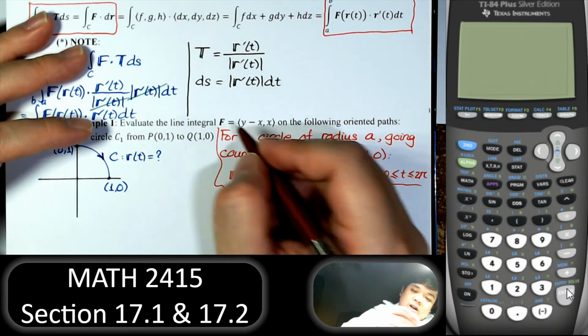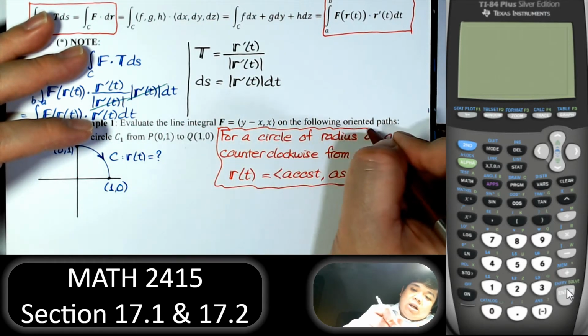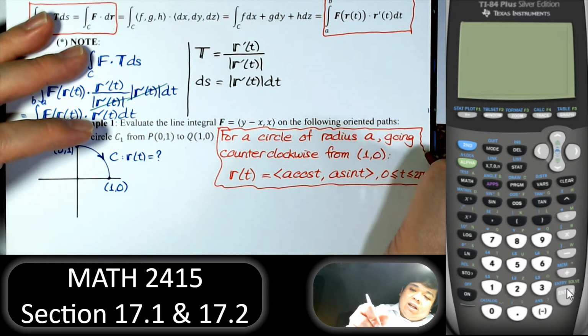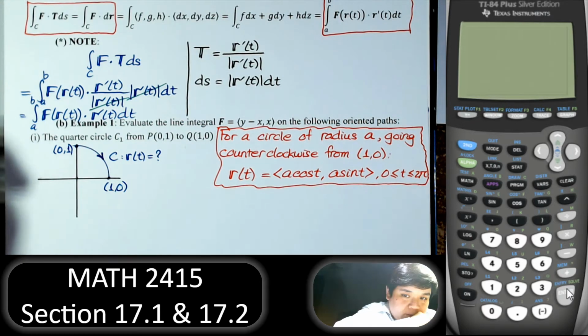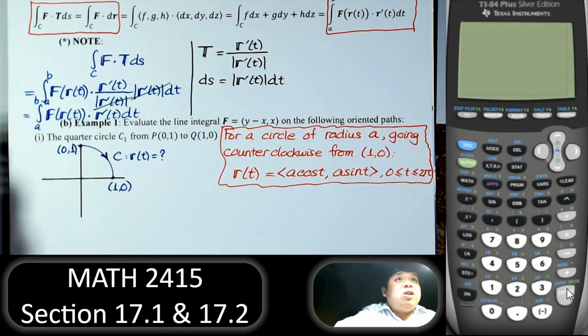So if the circle goes counterclockwise with radius A from (1, 0), it is that.